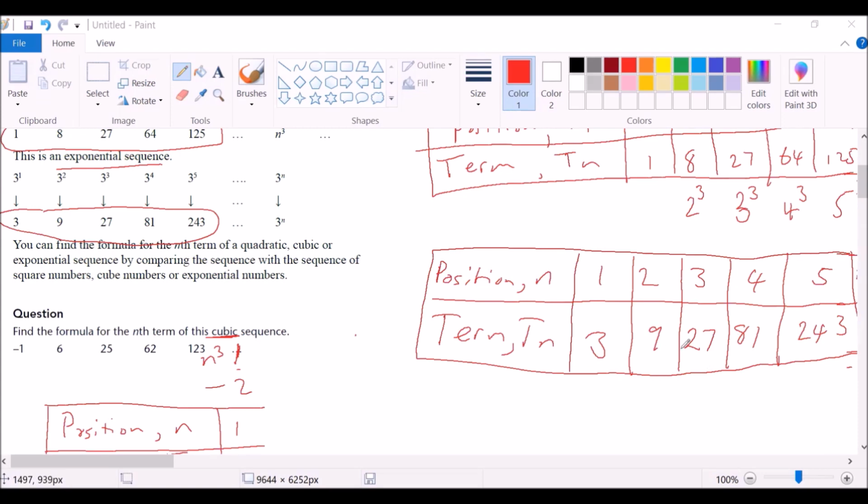These numbers are powers or exponents of 3. 3 to the power 1 is 3. 3 to the power 2 is 9, so the position is the power. 3 to the power 3 is 27. 3 to the power 4 is 81. 3 to the power 5 is 243.